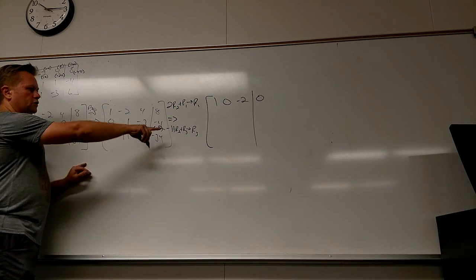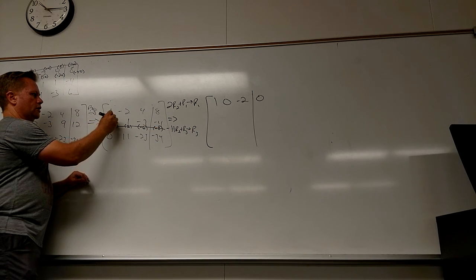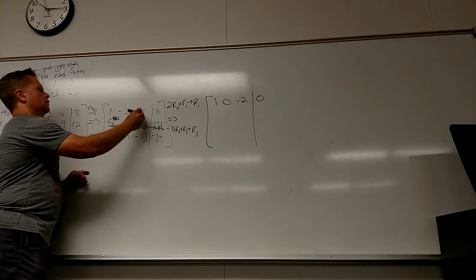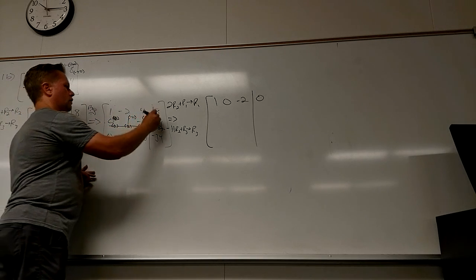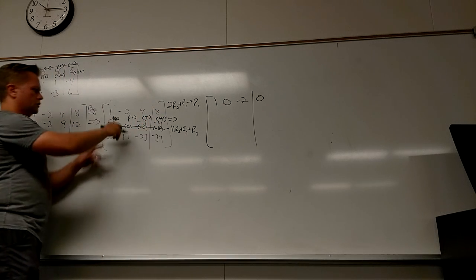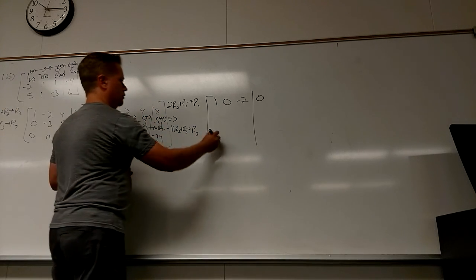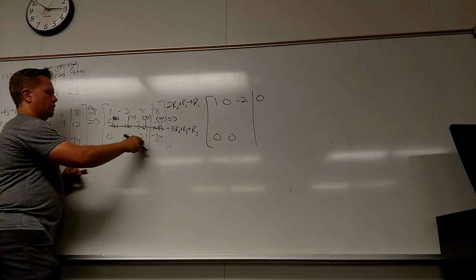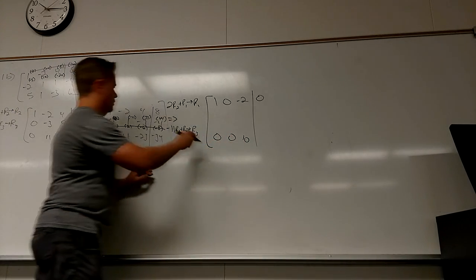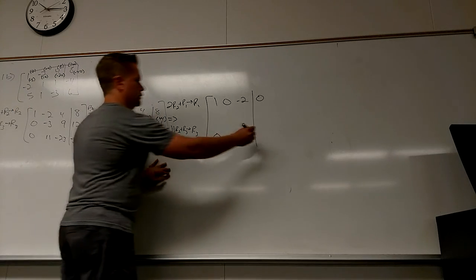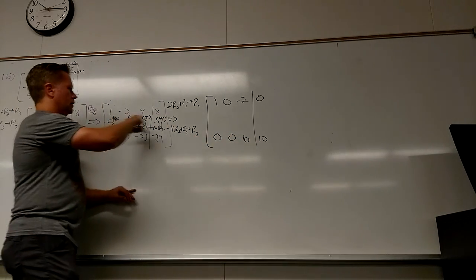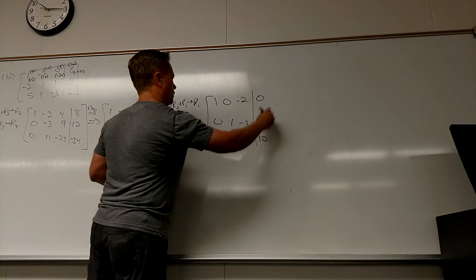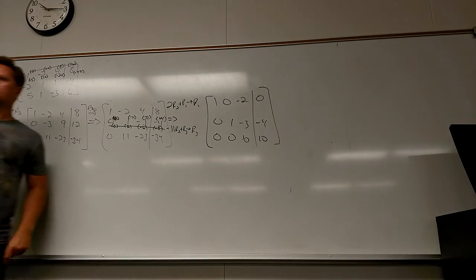So if I do negative 11 times row 2, I get 0, negative 11, 33, 44. So I get 0 and 0 is 0. Negative 11 and 11 is 0. 33 minus 23 is 10. 44 minus 34 is 10. That's great. And 0, 1, negative 3, negative 4. Okay.